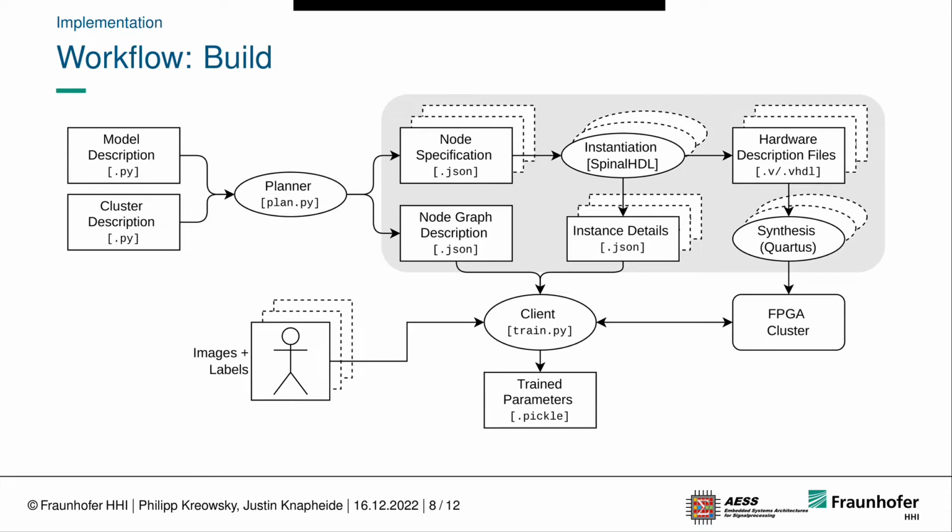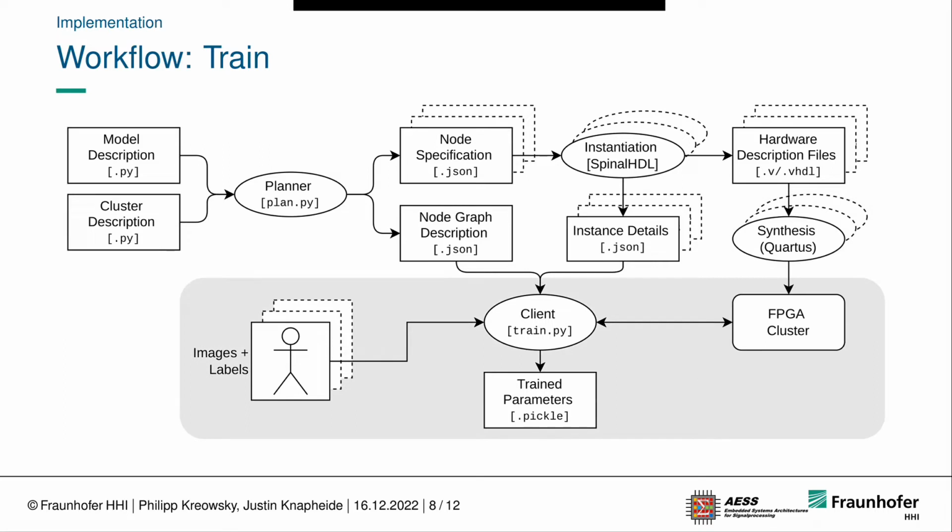As we are currently using Intel FPGAs, we use Quartus for synthesis and emit bit files for our FPGAs in the cluster, which we then program, and use a client in Python, which basically handles the training. So it loads images and labels from ImageNet, runs the cluster, and offloads trained parameters.